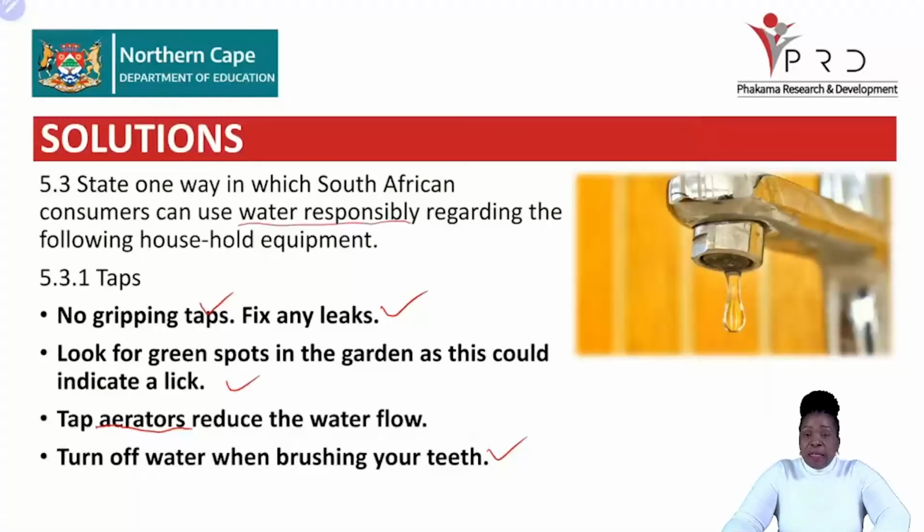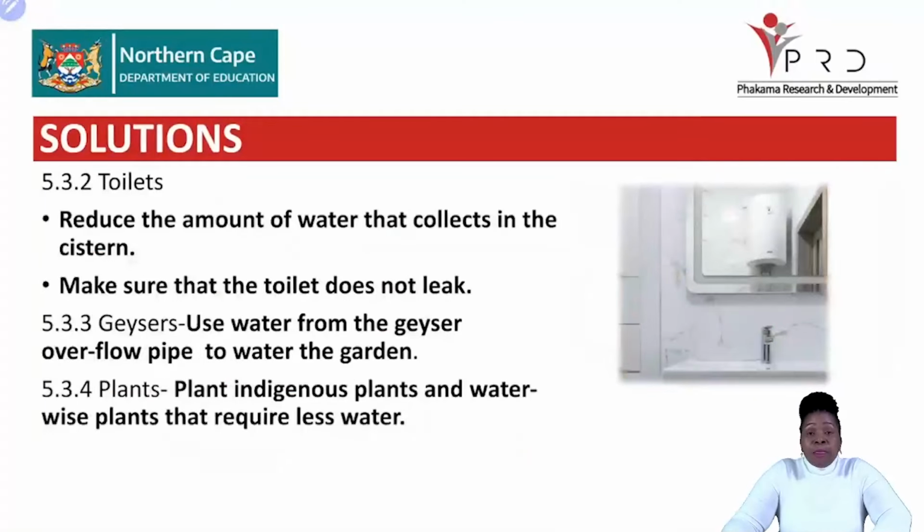Right. The next one is toilets, right? We must reduce the amount of water that collects in the cistern. Some people actually put a brick in the cistern so that it doesn't flush a lot of water, right?